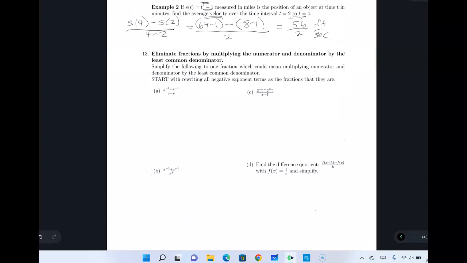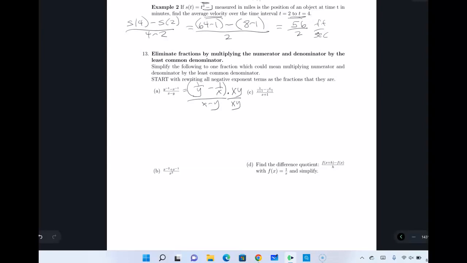All right, last little bit here. If I want to get rid of fractions within fractions, I'm going to suggest always that you start by rewriting the terms as the fractions that they are. So this y to the negative 1 is here. It stays in the numerator. So I'm going to multiply by the least common denominator on top and on bottom, and cancel as you go.